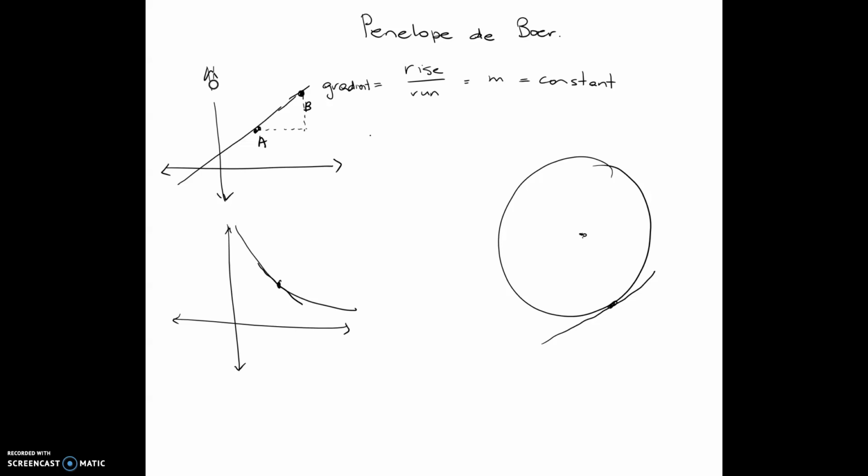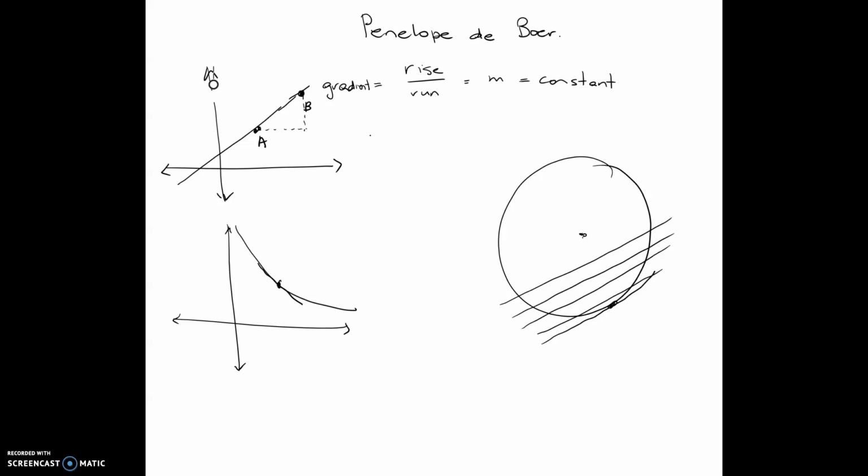What we could do is think about what might happen if we take lots of lines that are parallel to this tangent and think about what might be happening. So here's 1, 2, 3, 4. These lines are secants.